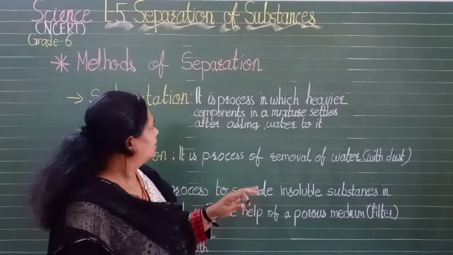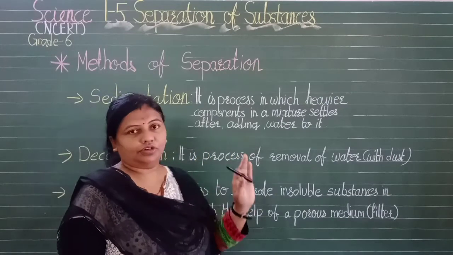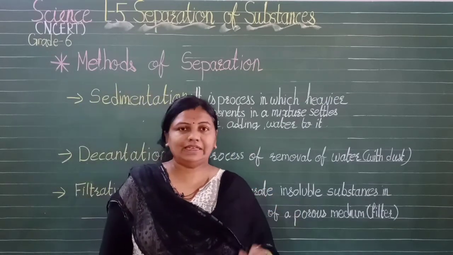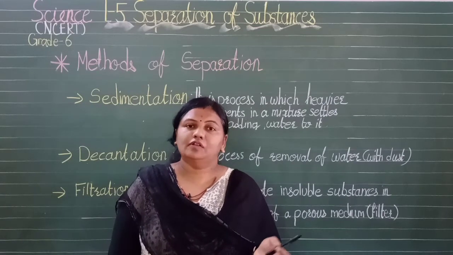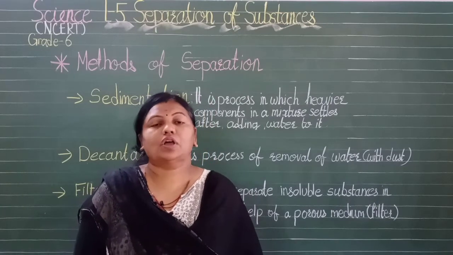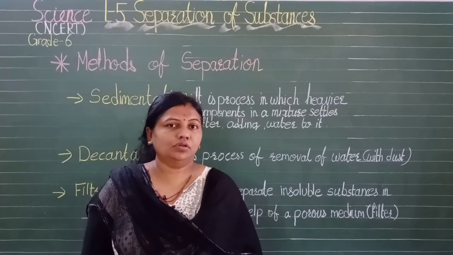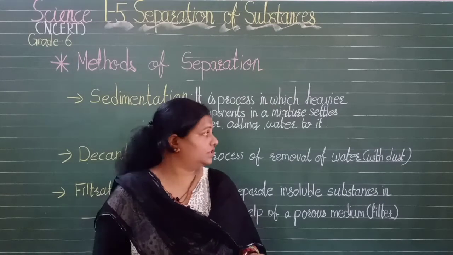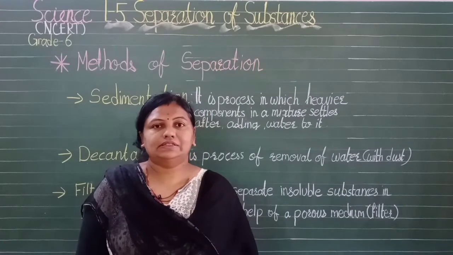The heavier components settle. So pulses will settle down, and whatever impurities are there will float. Sometimes some insects or some lighter impurities like husk and so on will float, and the heavier pulses will settle down.